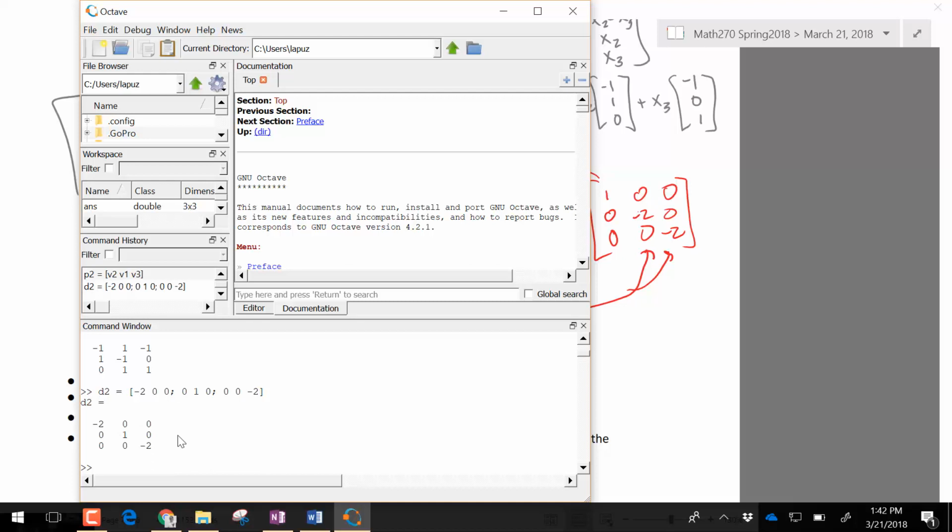So we have to switch the order of our diagonal as well, right? And so if we do P2 times D2 times P2 inverse, we should still get the same matrix that we had. Okay?